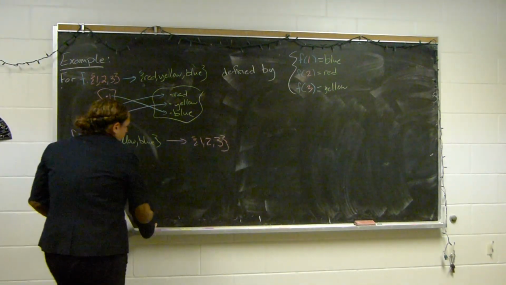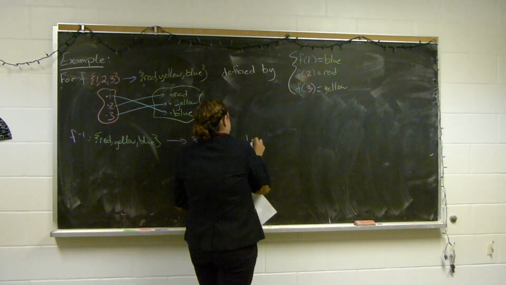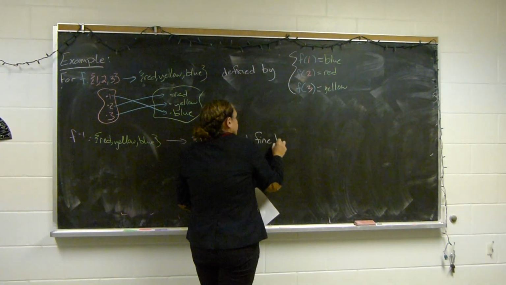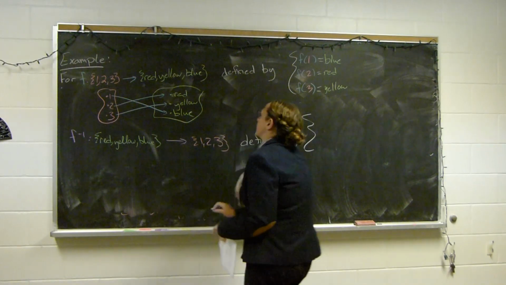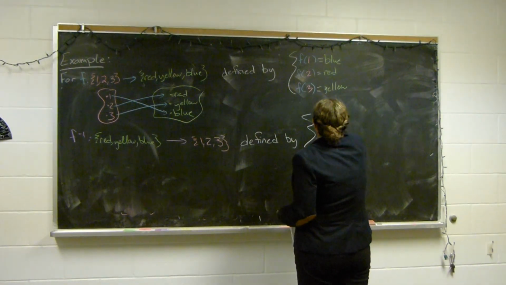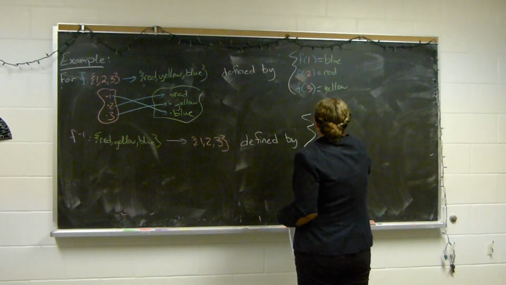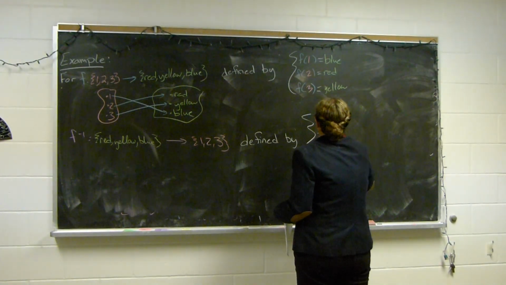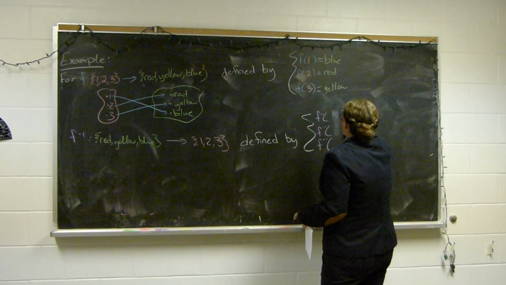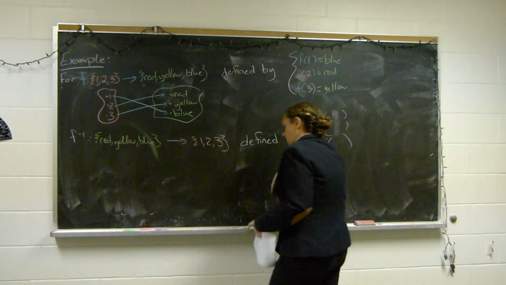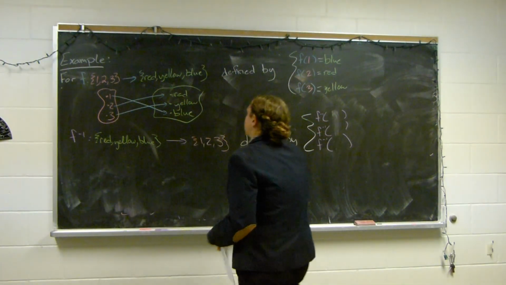Okay, and how do I define this? Again, we do a whole bunch at the same time with color just to save us time. Oops, these need to be bigger, don't they? Because I have words in them. Here I have red, yellow, and blue.